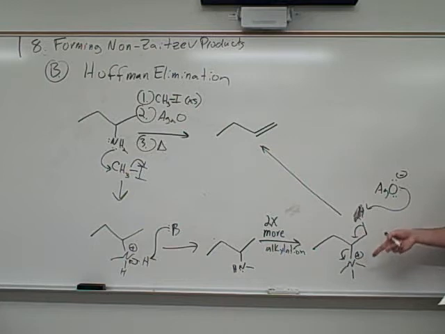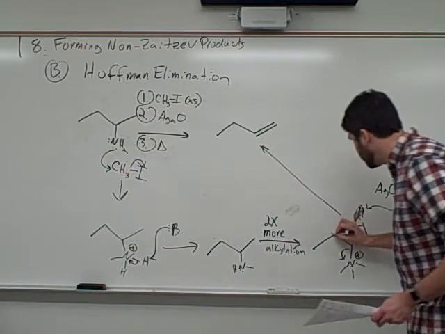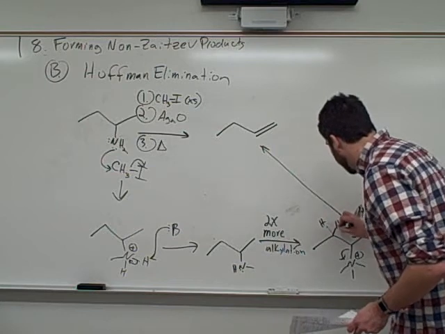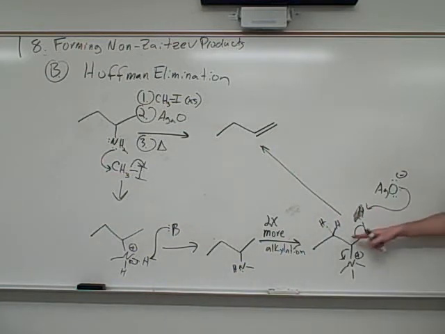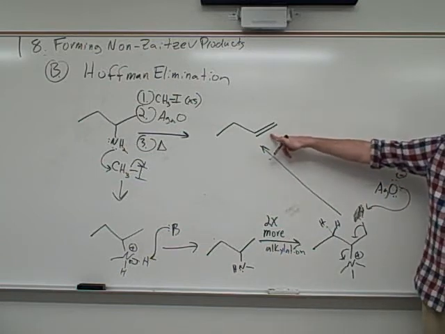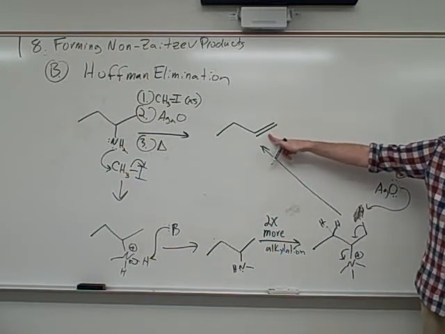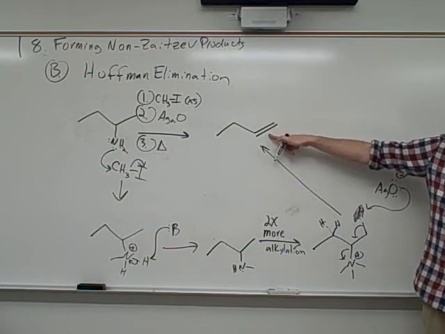And the whole reason that silver oxide is going to prefer removing the proton from the primary position versus the secondary position is sterics. This trimethylamine group here is absolutely gigantic. And so when trying to navigate to which proton you're going to remove, sterics winds up being a really big issue for this base to come in. And in doing so, you're going to favor the production of the product that is not following Zaitsev's rule rather than the product that is.